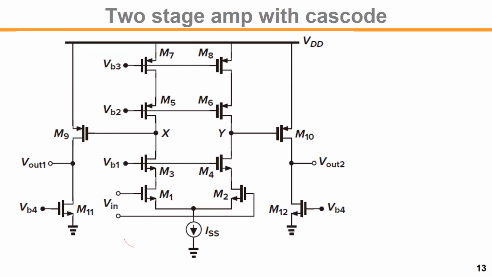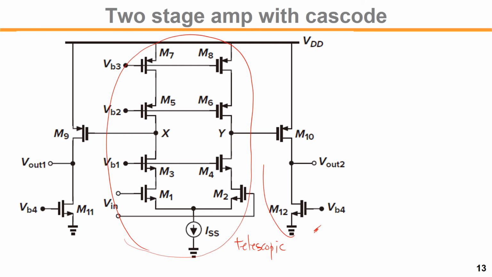The first stage amplifier can be used by the telescopic, right? Because it has a cascode amplifier. Larger gain and even larger gain, and then additional gain by the second stage.